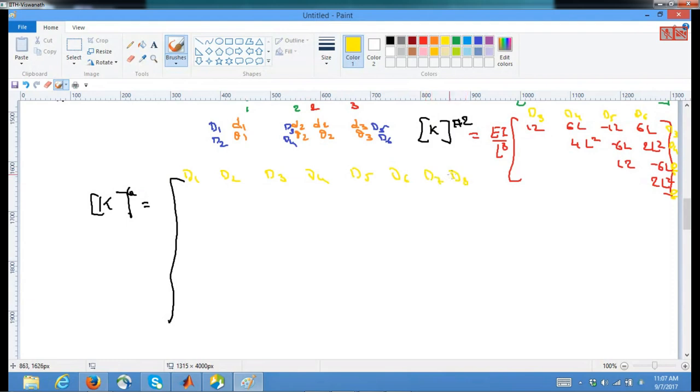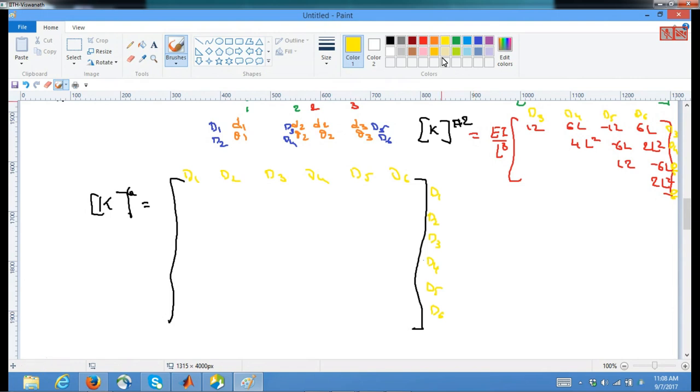Sorry, we have only up to d6. So our first stiffness matrix would come, let me write the guidelines here also: D1, D2, D3, D4, D5, D6.